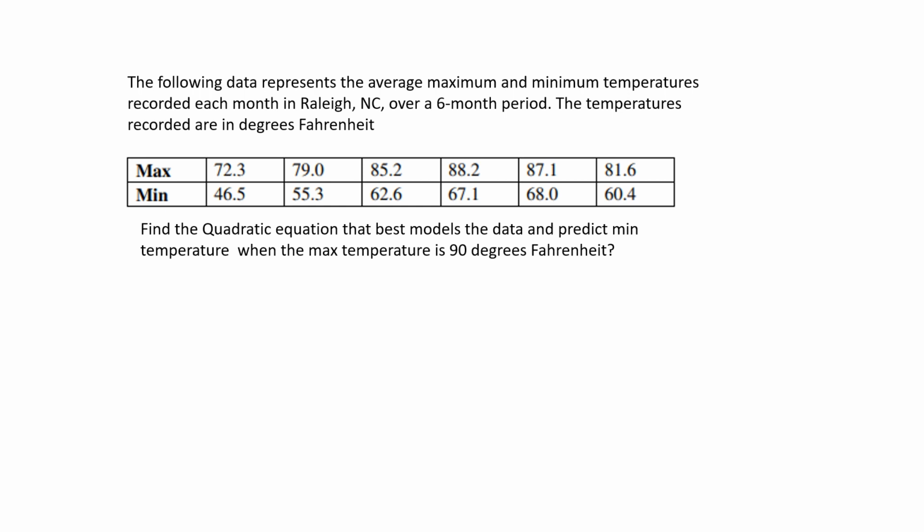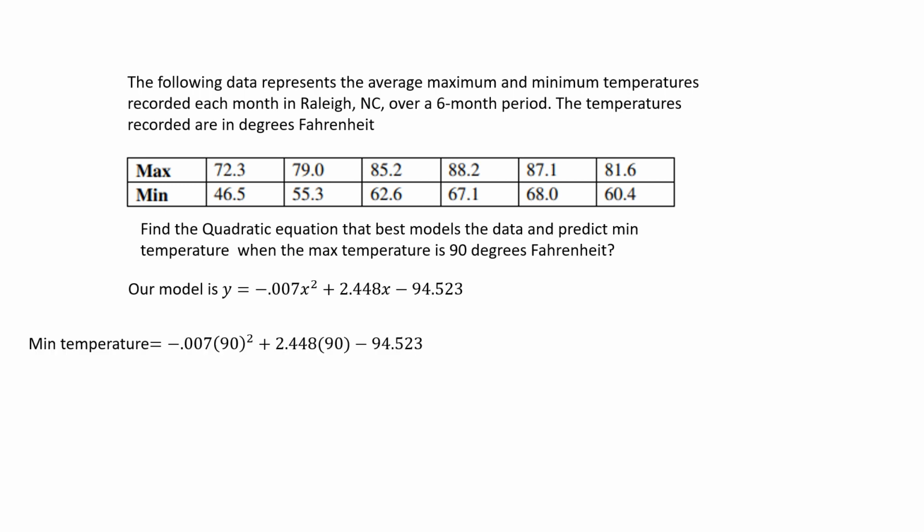Because it's quadratic, this is the model. Because I'm trying to find the minimum, but I know the max is 90, just plug in. And then I put it in a complete thought.